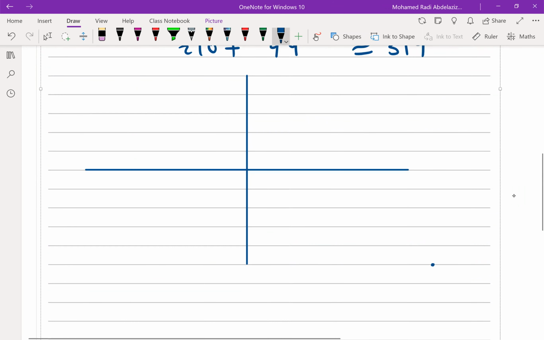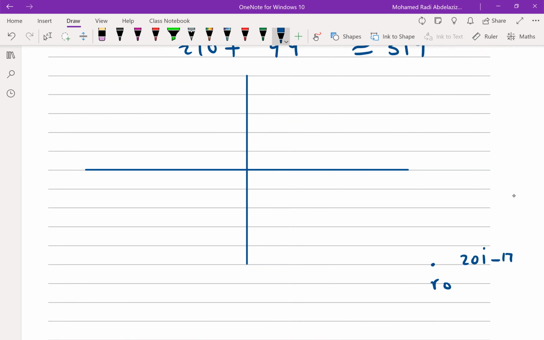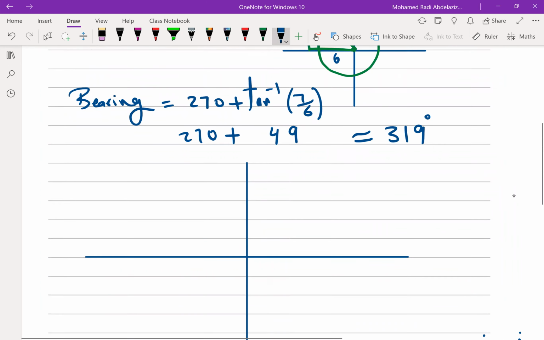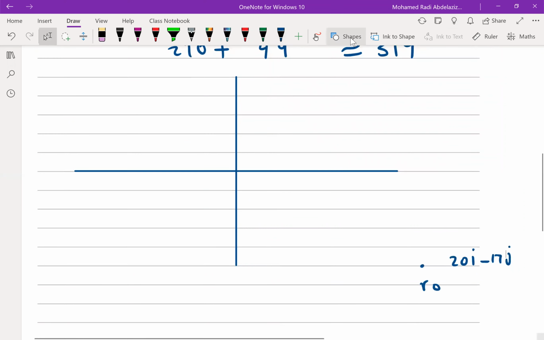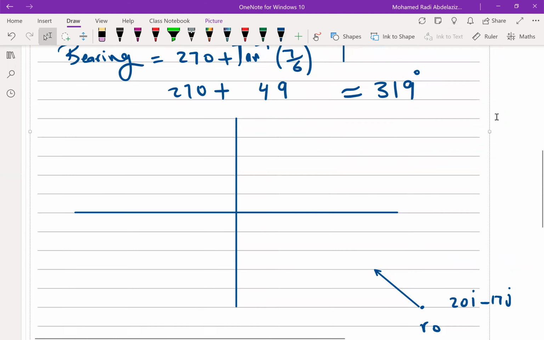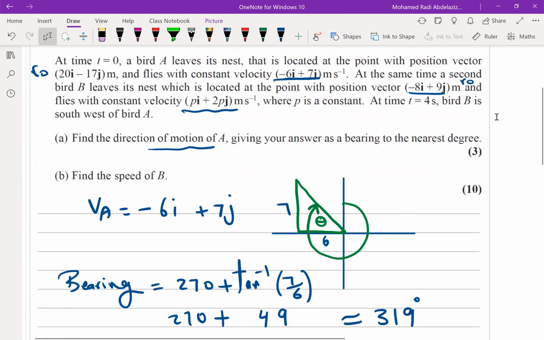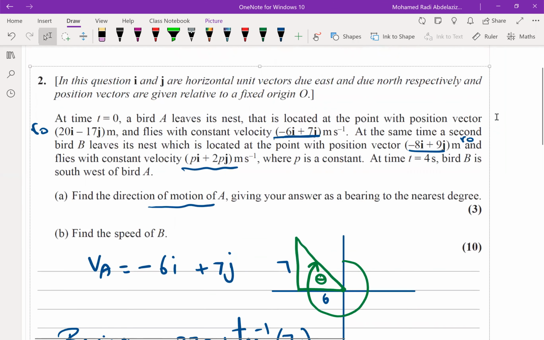Let's say at this point, R0, 20i and minus 17j, and move in this direction. It's given, at the same time, a second bird leaves its nest and flies with constant velocity.